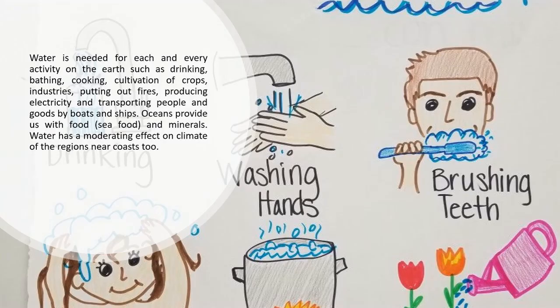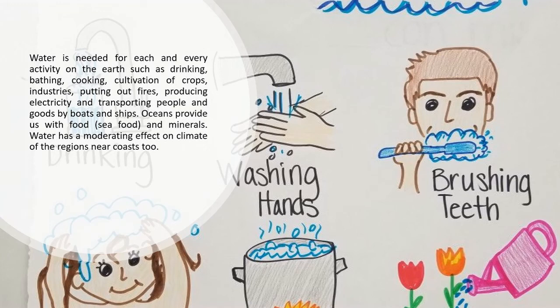Understand? Water is needed for each and every activity on earth such as drinking, bathing, cooking, cultivation of crops, industries, putting out fires, producing electricity, and transporting people and goods by boats and ships.